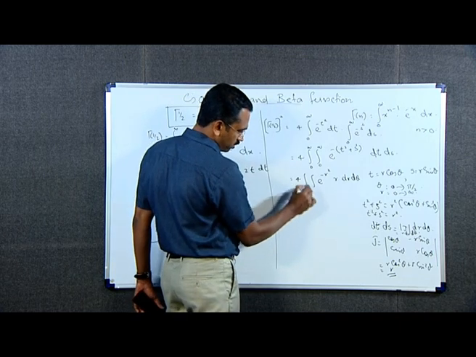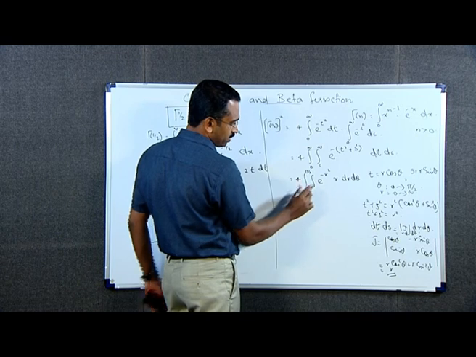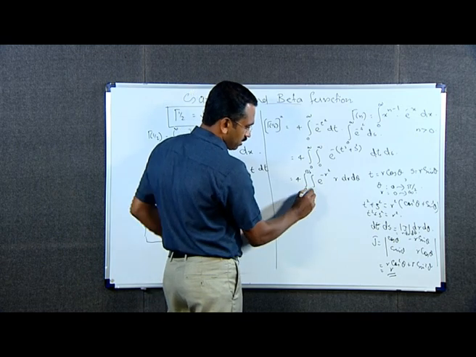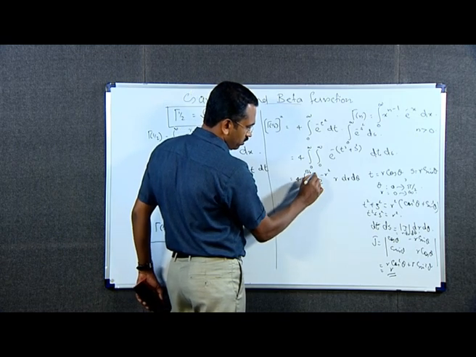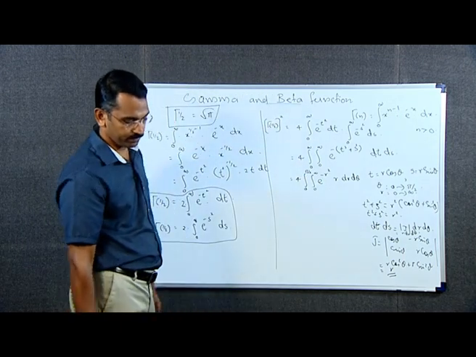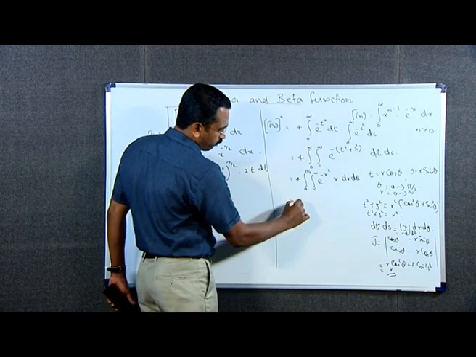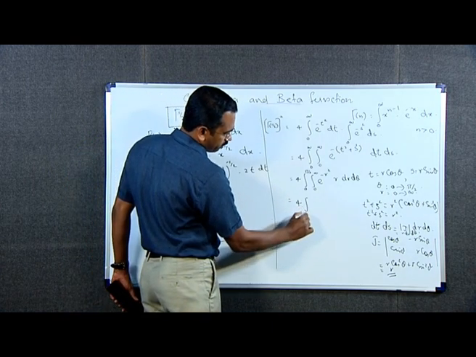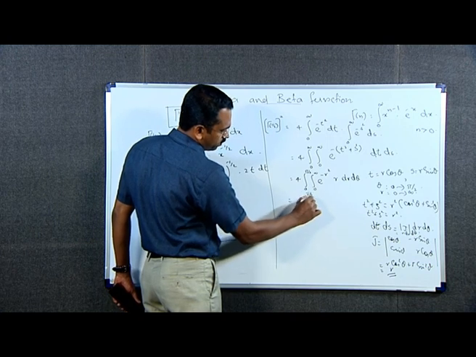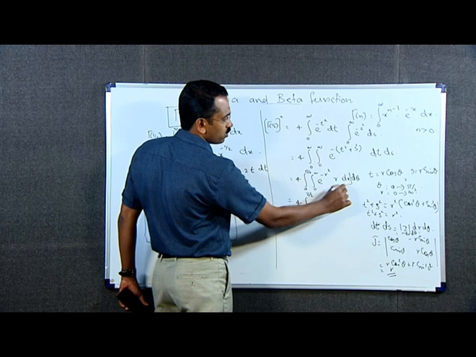Therefore here 0 to pi by 2 is the integral with respect to theta, and this is from 0 to infinity. This is equal to 4 into integral from 0 to pi by 2. Here the first integration is with respect to r.